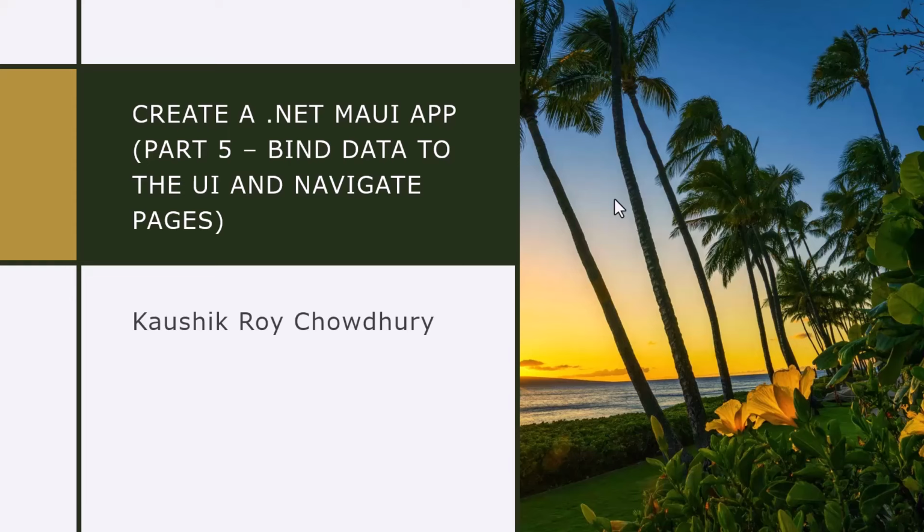So this is part 5 of this .NET MAUI app that we started in part 1, and here I will take up how to bind data to the UI and navigate the pages. This is a very interesting and important part because it will discuss the concept of views, models and in-app navigation. In the previous steps of the tutorial, we added 2 pages to the project, a note page and an about page.